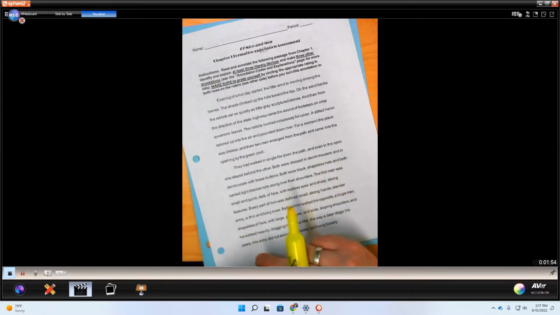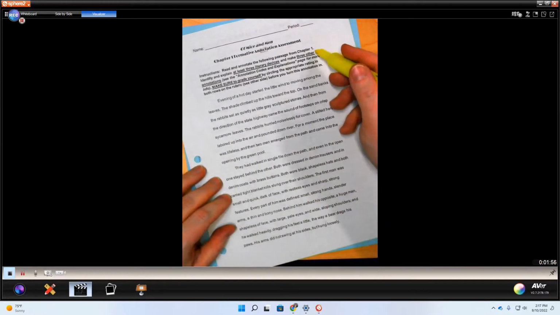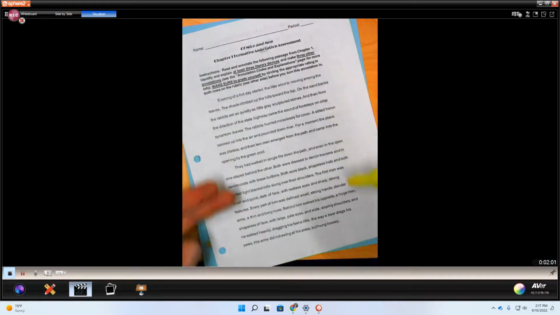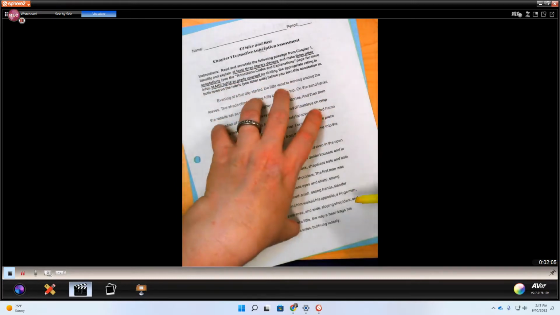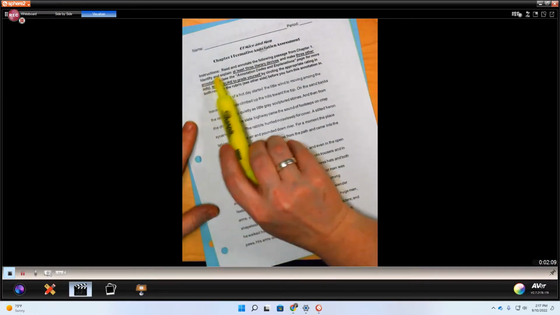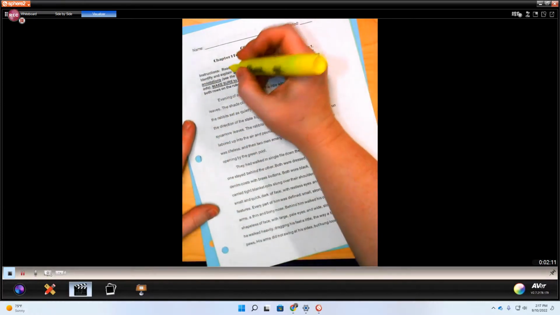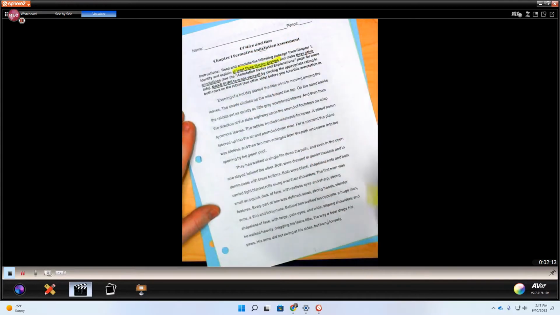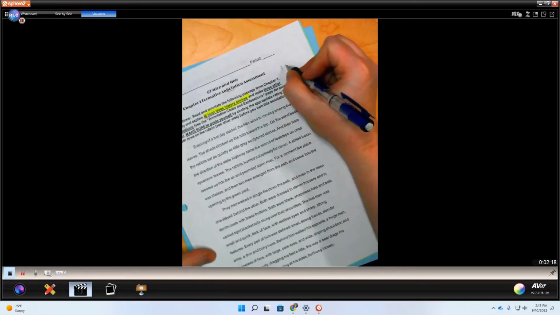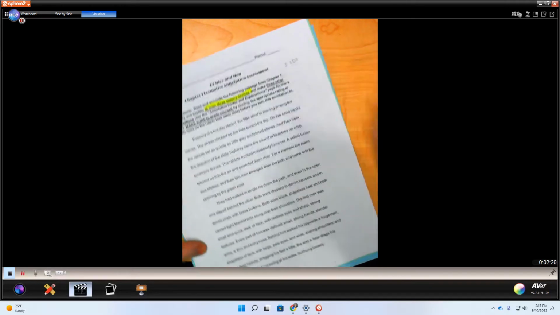It's saying, read and annotate the following passage from chapter 1. This passage just happens to be the very first 2 paragraphs of the whole book. So we get to look at exactly how Steinbeck chose to introduce this whole entire novel. Then we need to identify and explain at least 3 literary devices. So I need 3 literary devices, okay?